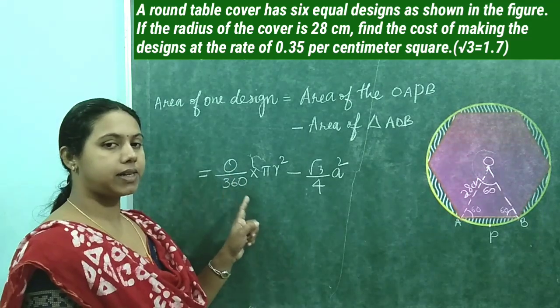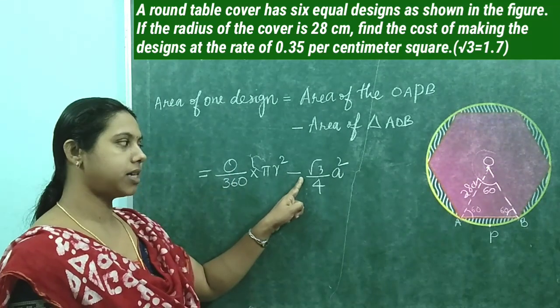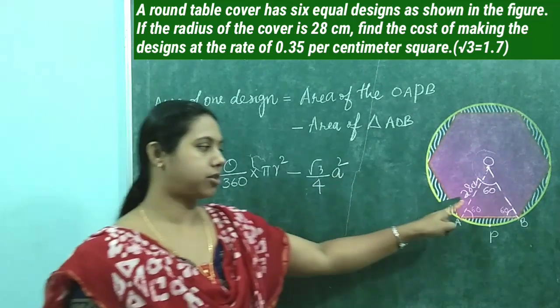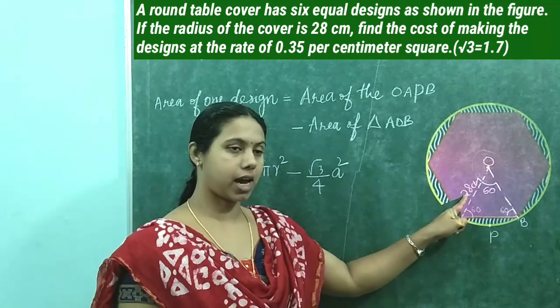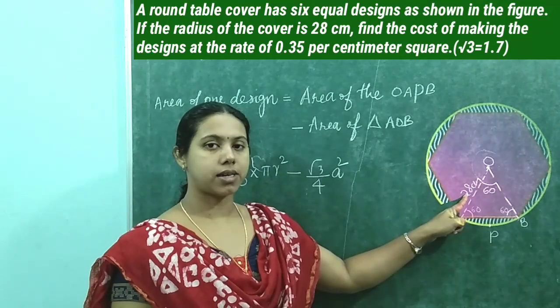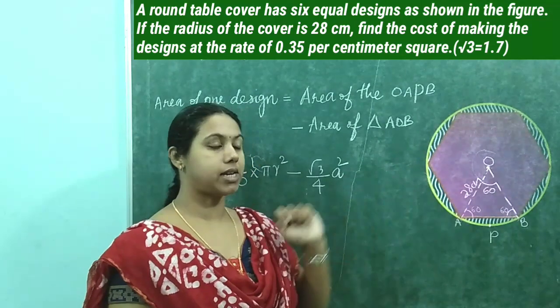So theta by 360 into pi r square minus root 3 by 4 a square. What is the length of the side of the equilateral triangle? It will be equal to the radius of the circle, that is 28 centimeters.